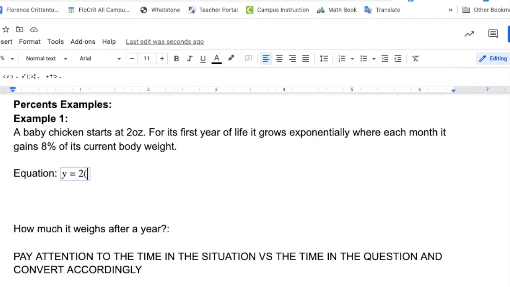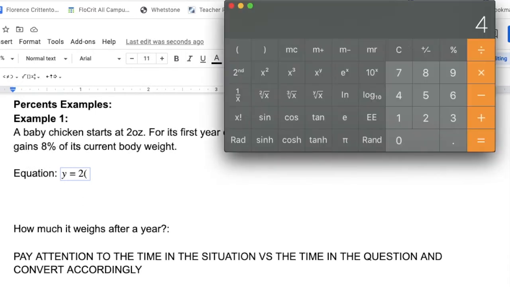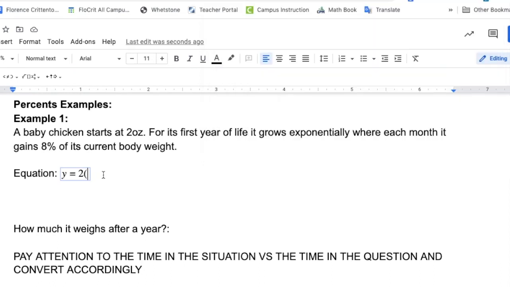Well, the percent that's in here right now is 8%. If I take 8% and turn it into a decimal, it's 0.08, to the power of x for how many months go by.